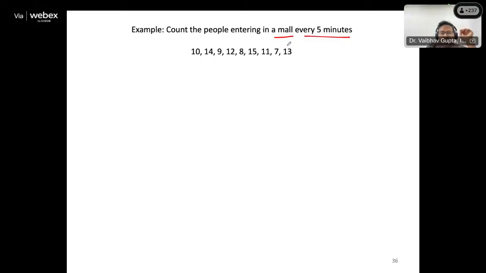Now after 12, if I ask you, tell me how many persons will come in the next 5 minutes, you have no clue. Maybe it can be 15, it can be 5, it can be 23, it can be anything. You don't know the value. So this looks random in a smaller time scale because you cannot predict how many people are going to come in the next 5 minutes.